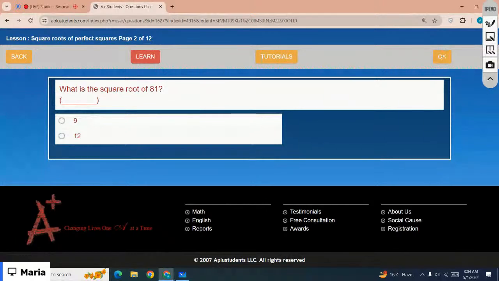The correct option is 9. 9 times 9 is 81, so the square root of 81 is 9.